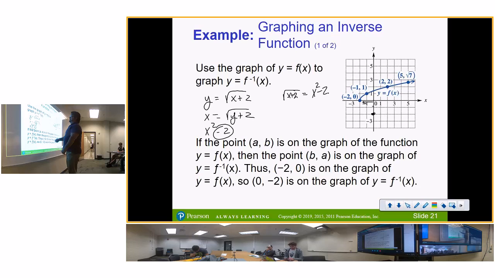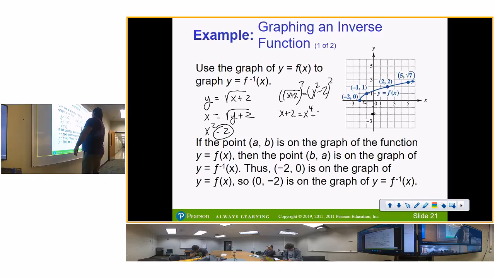If you set these two equal to each other, square both sides, that's going to be x plus 2 is equal to x to the 4th minus 4x squared plus 4.